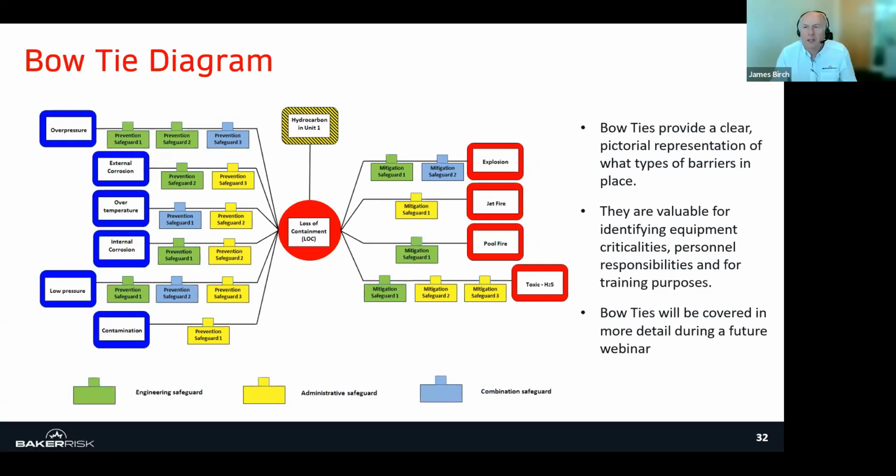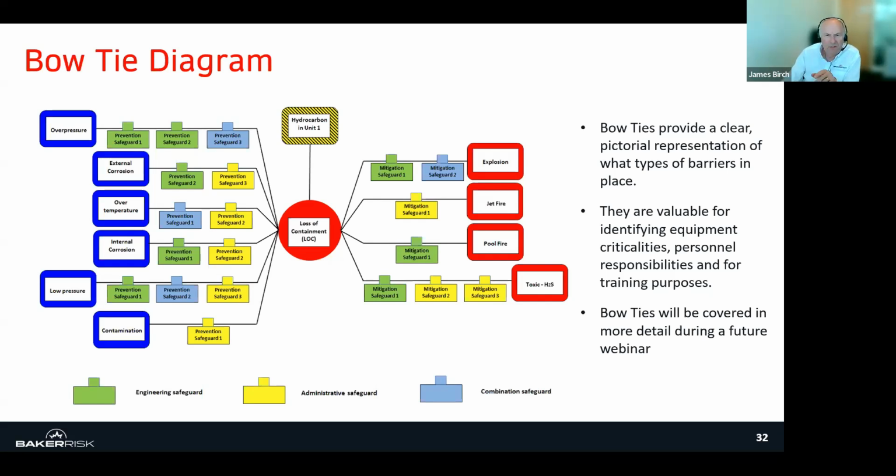These may be inspections, they may be laboratory analyses, things that are carried out by people. And in blue, sometimes you have a combination. Although there's a lot of information on that diagram, the thing I'm really going to look at is to say, where might I be exposed? Where might I be weak?